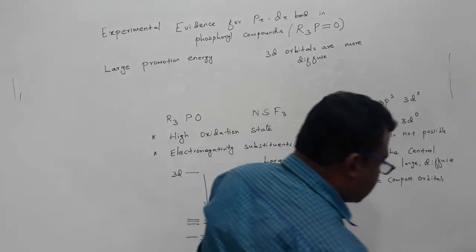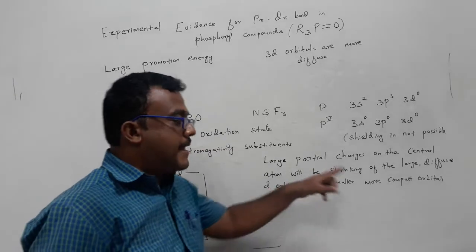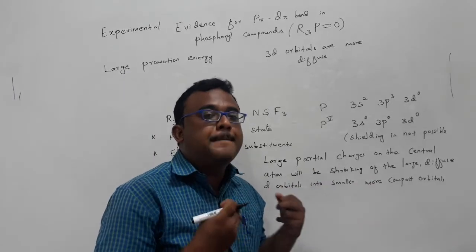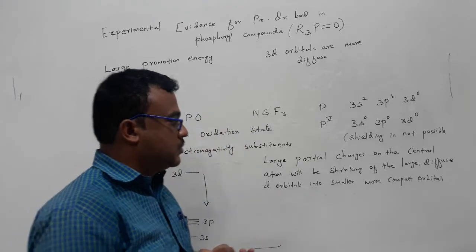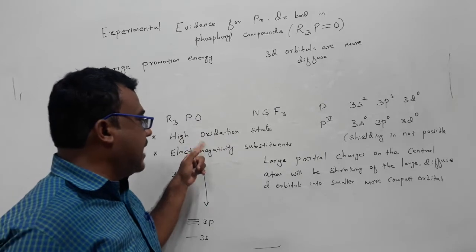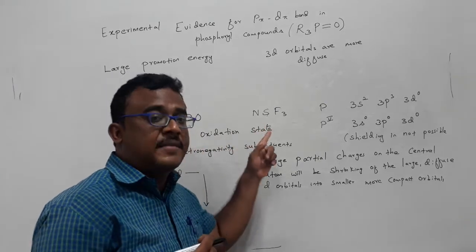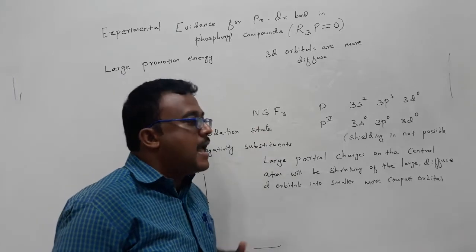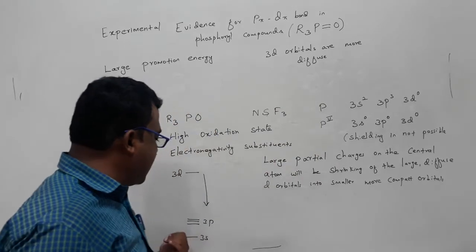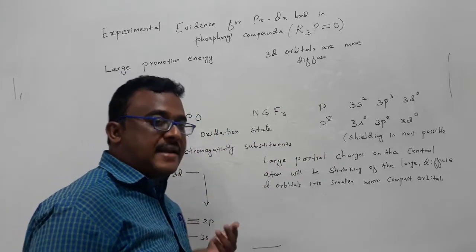Now this orbital will be more effective in overlapping with the neighboring p orbital to form p pi d pi bonding. So now it is very clear that because of the higher oxidation state and the highly electronegative substituents present on the central atom, the promotion energy of 3d comes down. So the s or p electrons can enter into the d orbitals to form p pi d pi bonding.